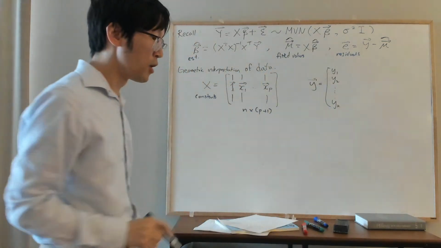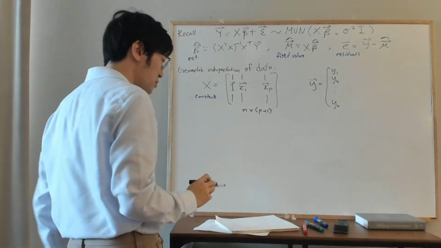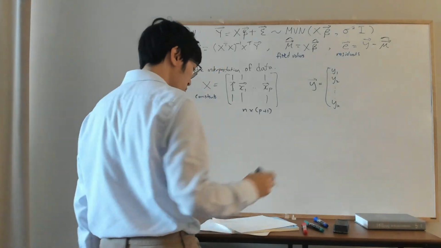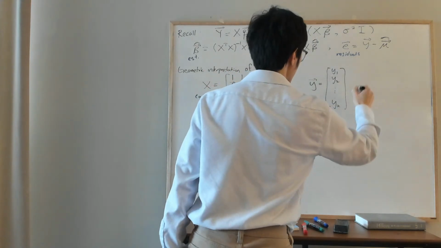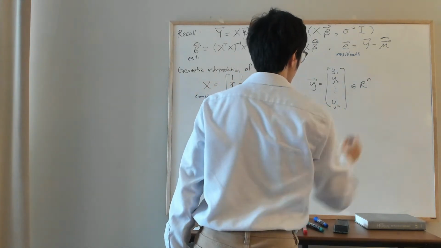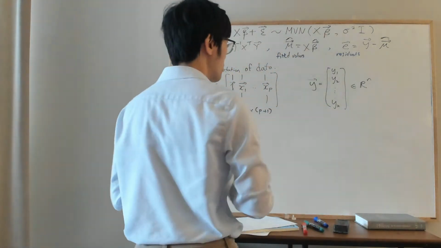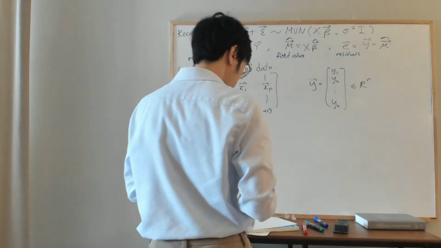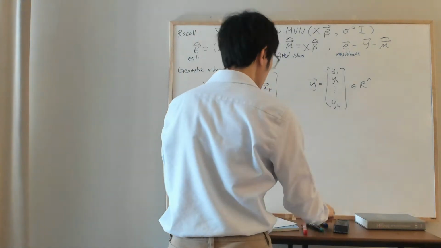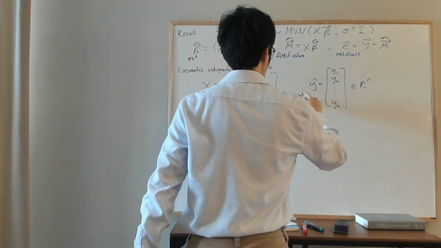Those are recorded values for our responses for n observations, and so this is a vector in R^n. It's an n-dimensional vector. So let's call these the values of the responses.